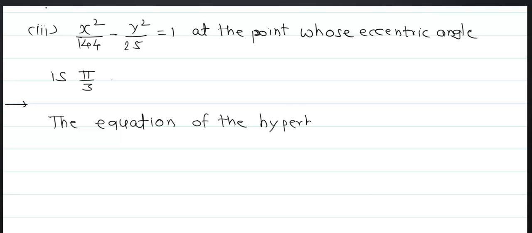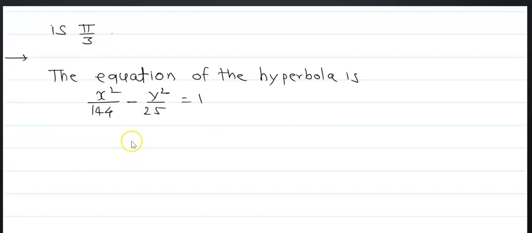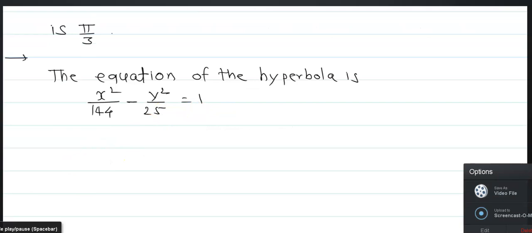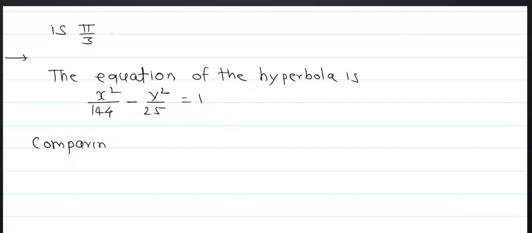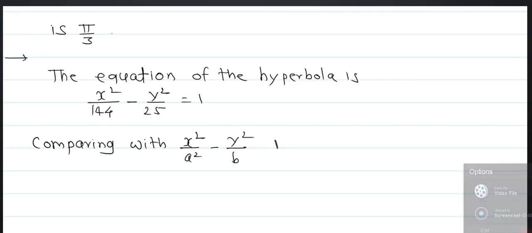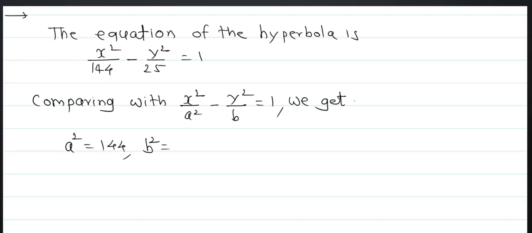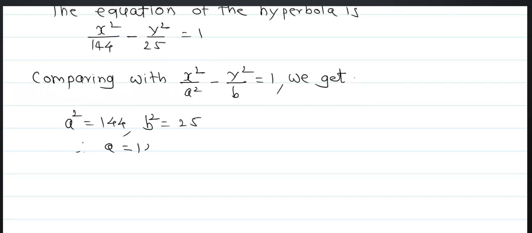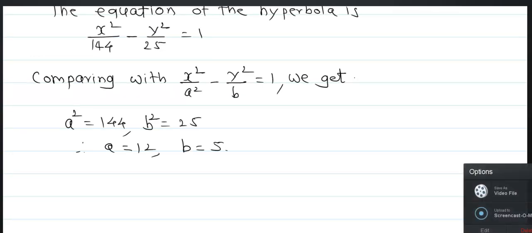The equation of the hyperbola is x square upon 144 minus y square upon 25 is equal to 1. Comparing with x square upon a square minus y square upon b square is equal to 1, a square is 144, b square is 25, a is 12, b is 5.